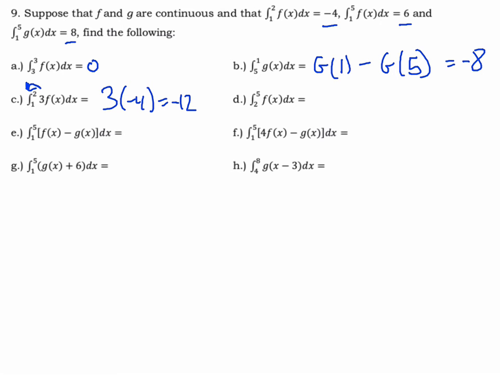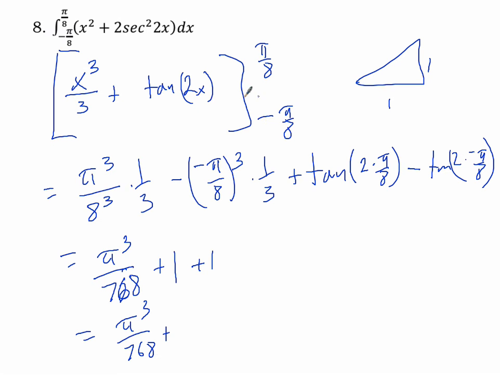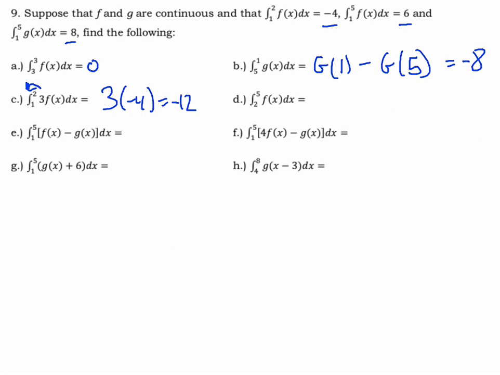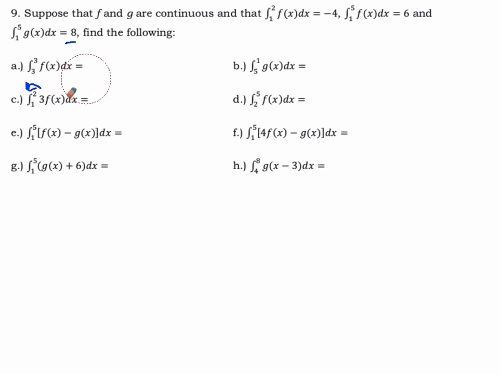In the next example, you need to recall that the integral equals the area under the curve. So you can think about that to help you solve some of these, or you can think about the definition of a definite integral to solve them.